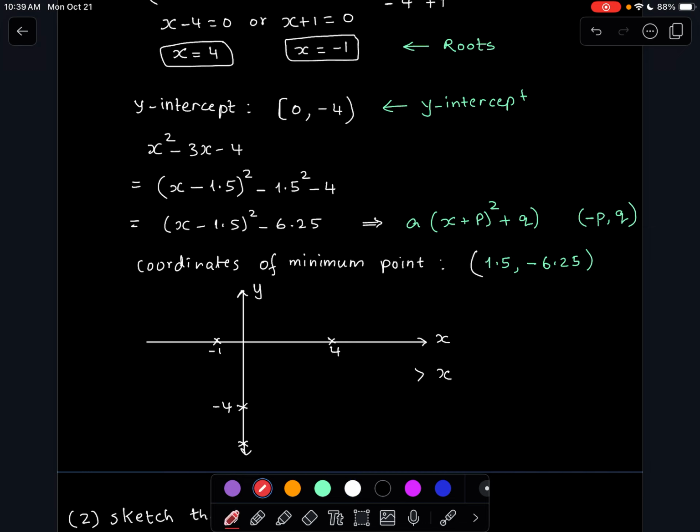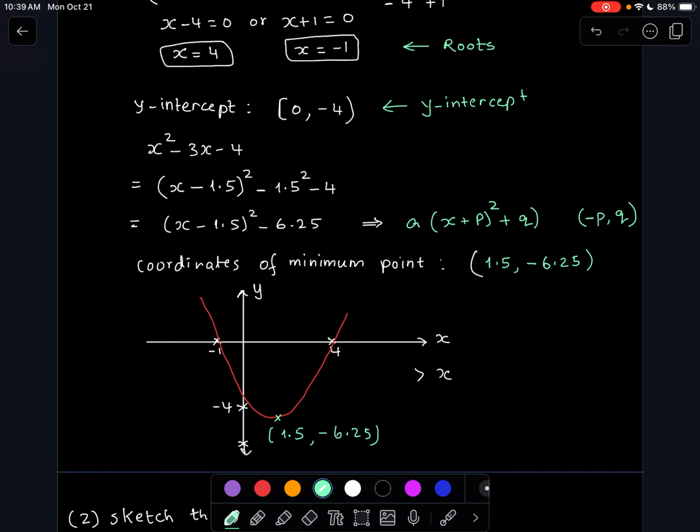So my graph would look something like this. And I will indicate my vertex at this point, which is 1.5, negative 6.25.